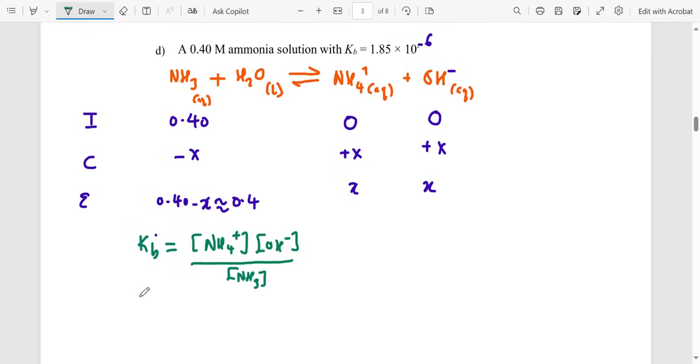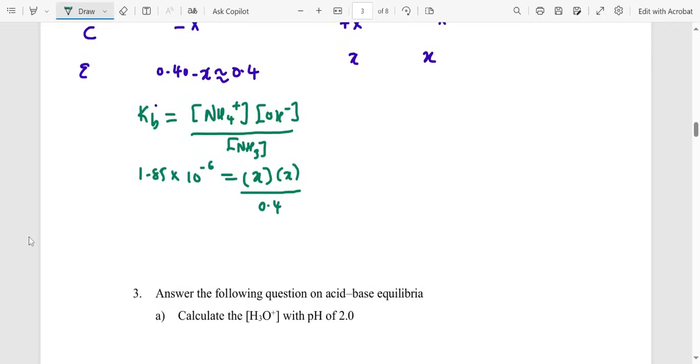So the Kb is 1.85 times 10 to the power negative 6. That is because the concentration of ammonium is x, concentration of hydroxide is also x. In the denominator, the concentration of ammonia at equilibrium is 0.4. So this is what we are going to work out.